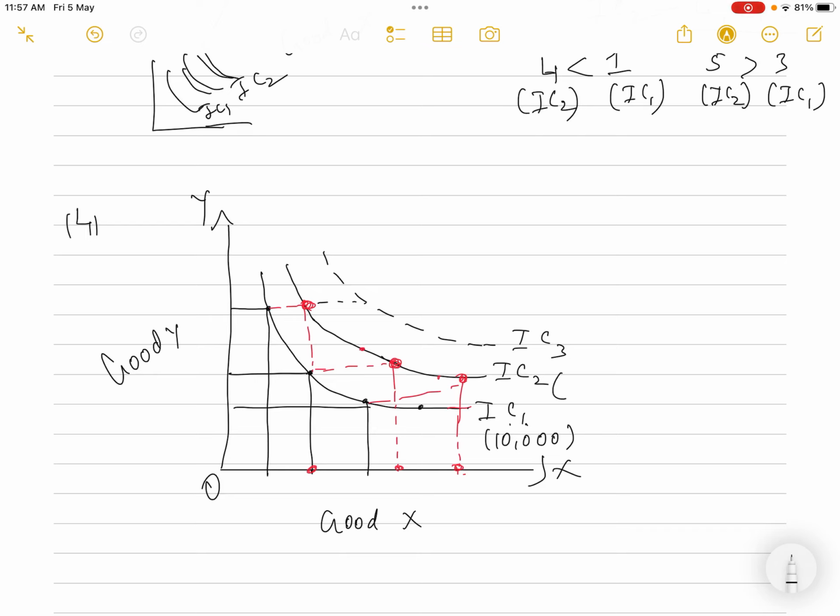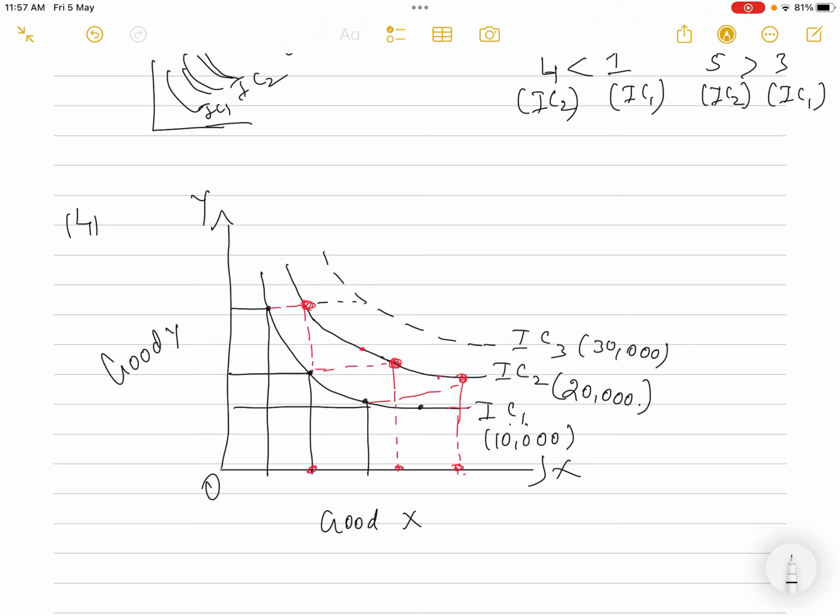So the money income of the consumer has increased from 10,000 to 20,000. Then we can see that the consumer can increase the consumption of both commodity X and commodity Y. If the money income increases to 30,000, he can still move on to a higher indifference curve.